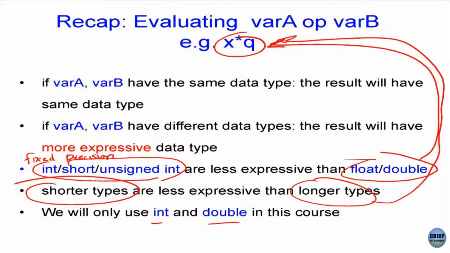If x is of type A or variable A, for example if it's int, short or unsigned int, and q is of type float, double, etc., then the result of the multiplication will correspond to the more expressive type, which is say float or double.